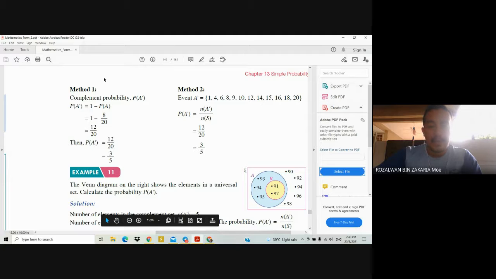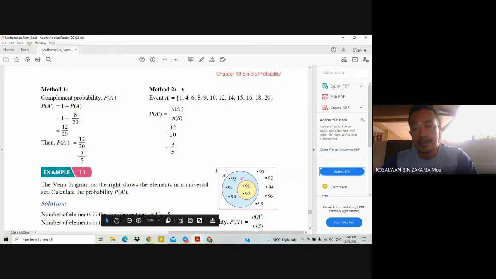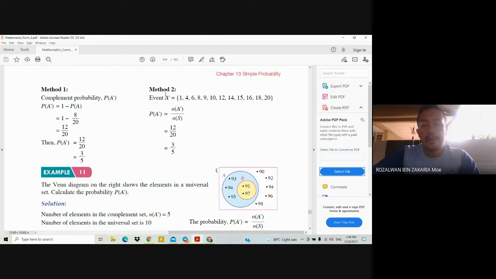Besides this method, you can also use another method to find the answer. First, you list the elements for the complement of event A, or event A prime, which is 1, 4, 6, 8, 9, 10, 12, 14, 15, 16, 18, 20.